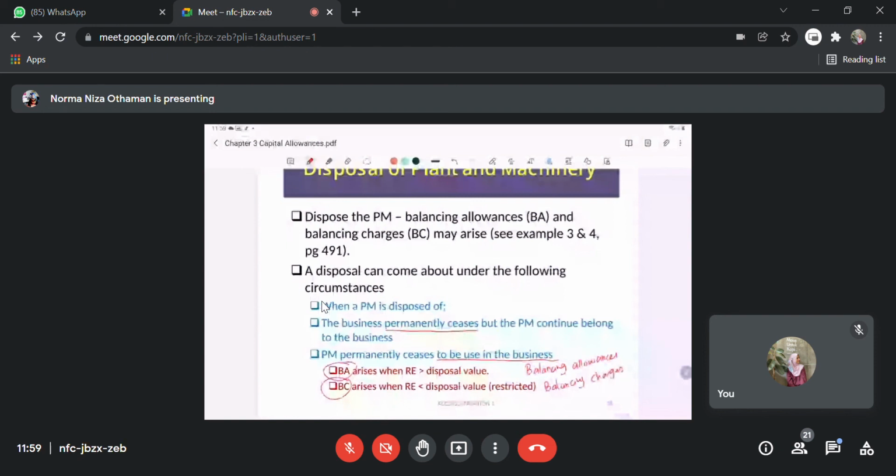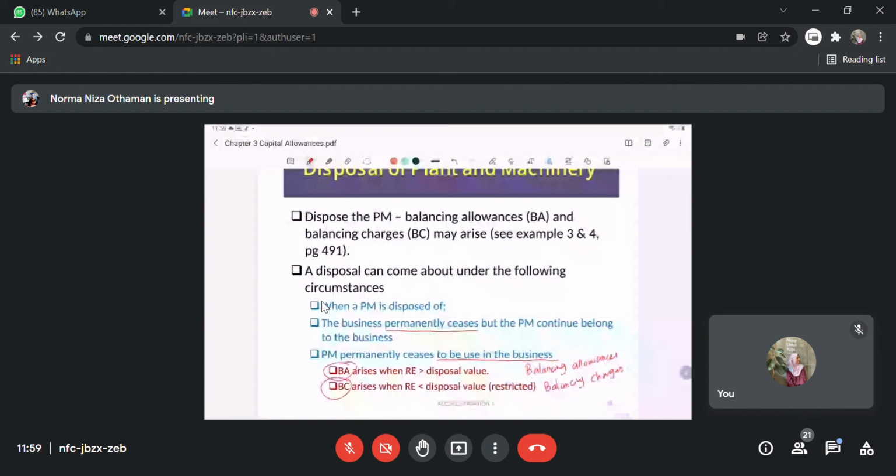Okay, so bila kita ada disposal, so you akan jumpa sama ada balancing allowance or balancing charge. Dia either one. Okay, so sebab dia punya condition dia adalah terbalik lah. So BA, balancing allowance arise when the residual expenditure is more than disposal value. So nilai you punya carrying value lebih besar daripada disposal value.